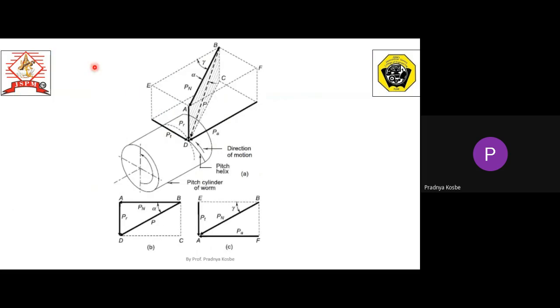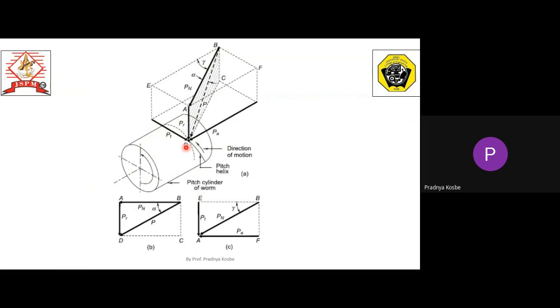Okay. So here it is shown that this is a pitch cylinder of a worm and the forces acting on it. Now Pn is the normal component or resultant component.